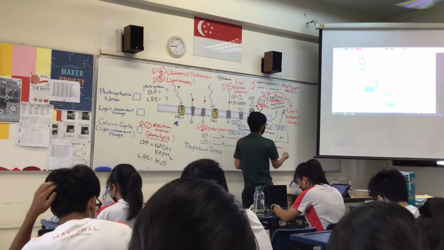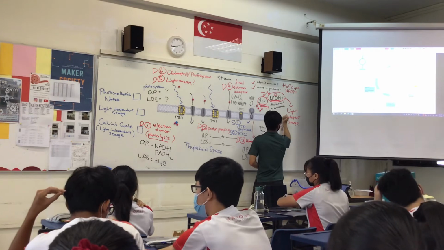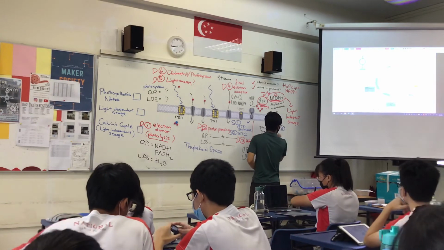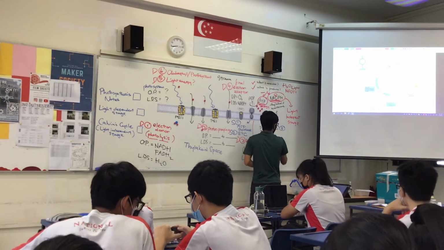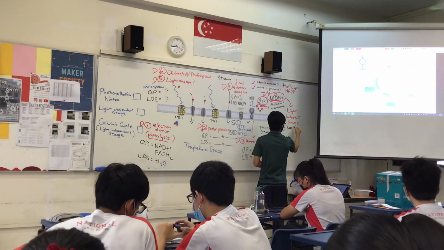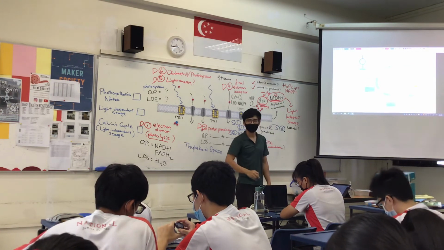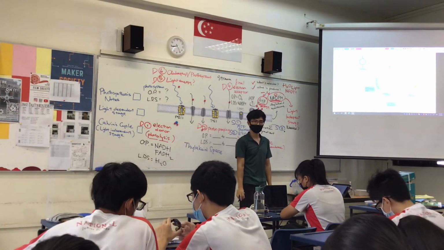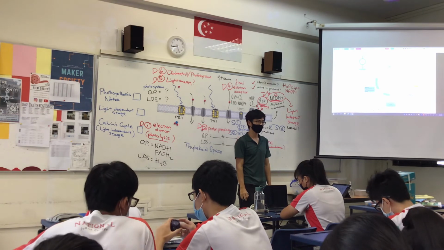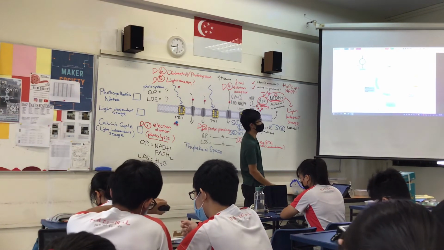I'm going to erase the photon gradient away. Ready? Okay, what is needed for the light independent stage?